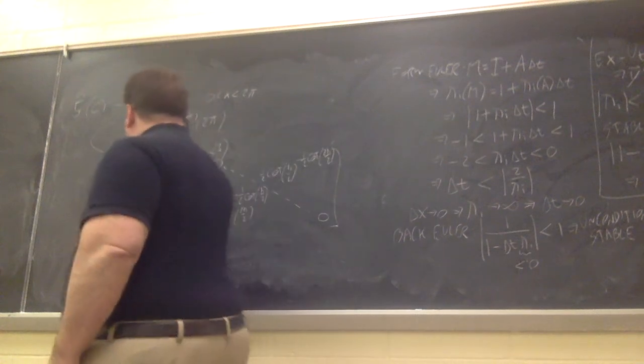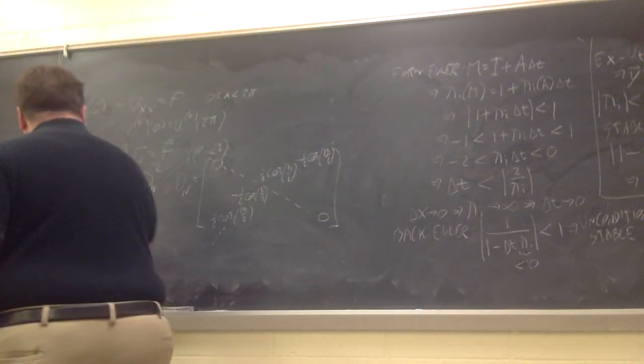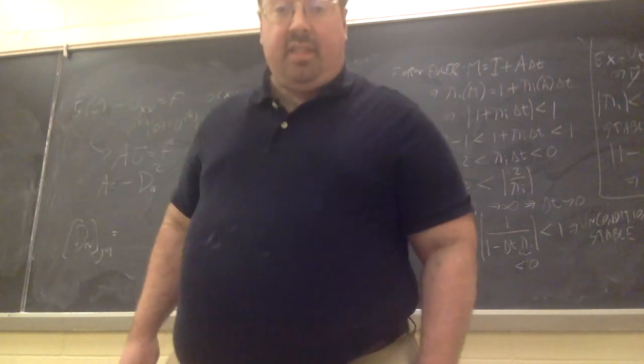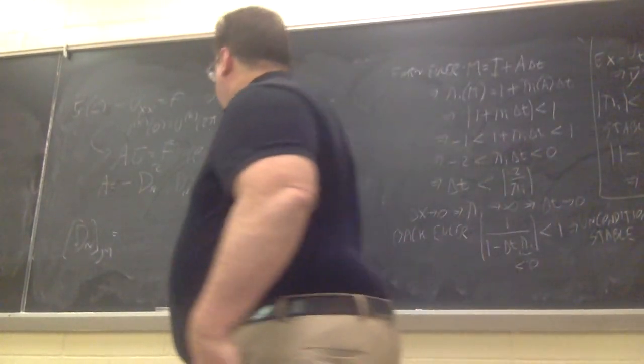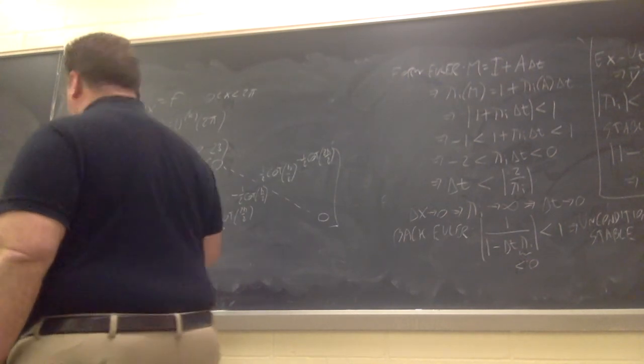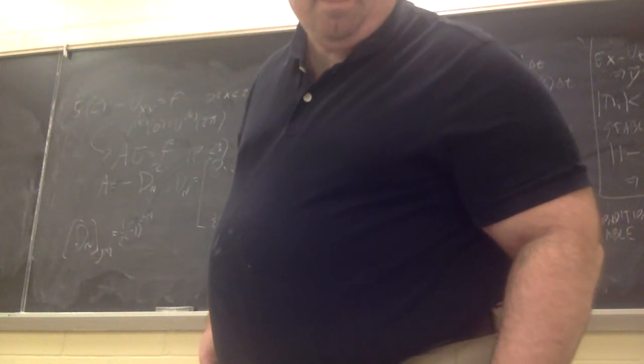Now, a formula that you want is D_N row j column m is equal to 1/2 minus 1 to the j minus m, cotangent.